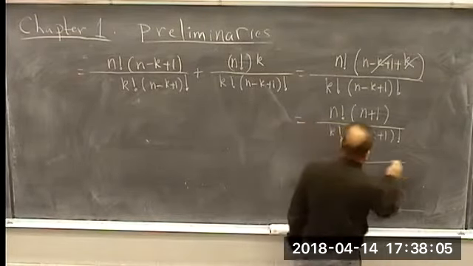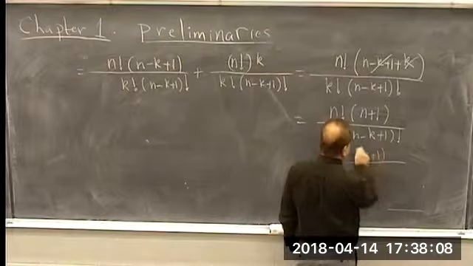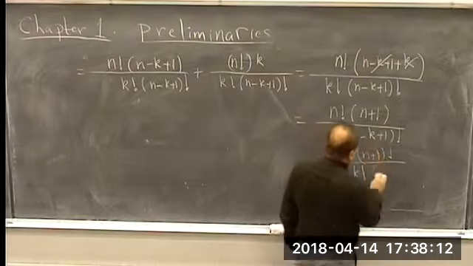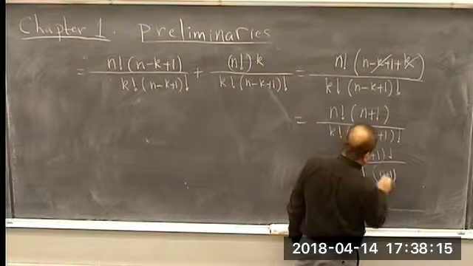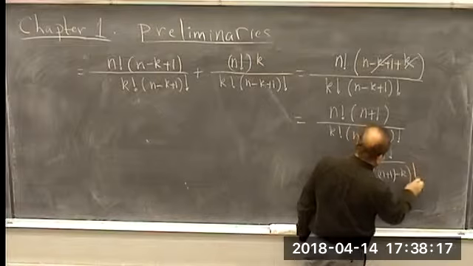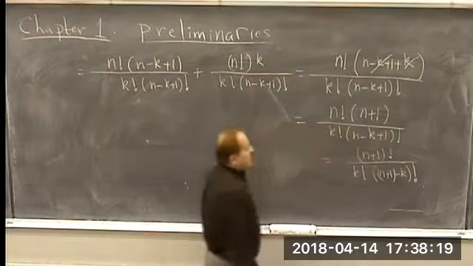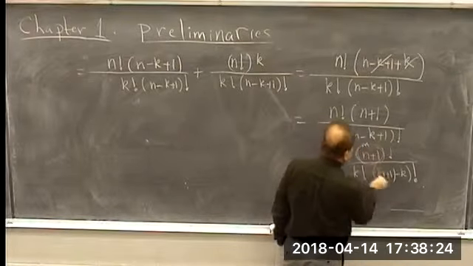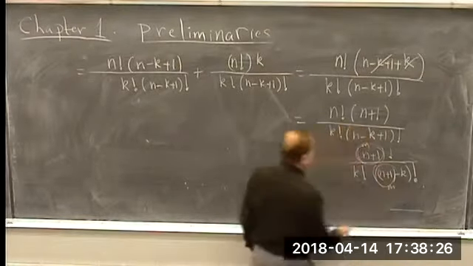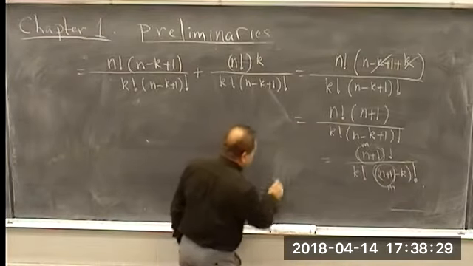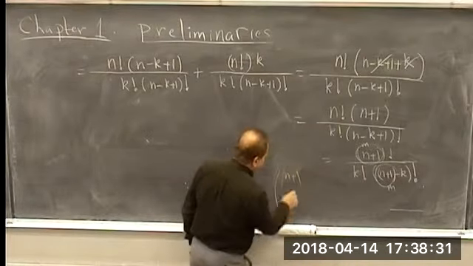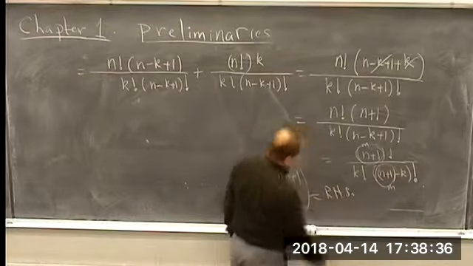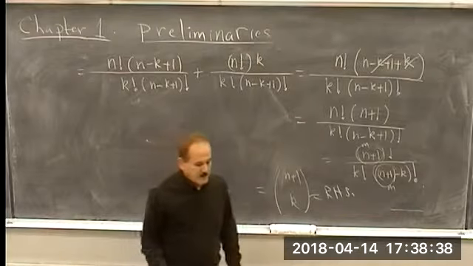We could write this as n plus 1 factorial, over k factorial times n plus 1 minus k factorial. And you're going to see that it's equal to n plus 1 choose k, and this is the right-hand side. All right?